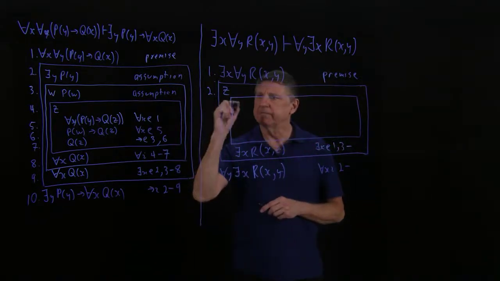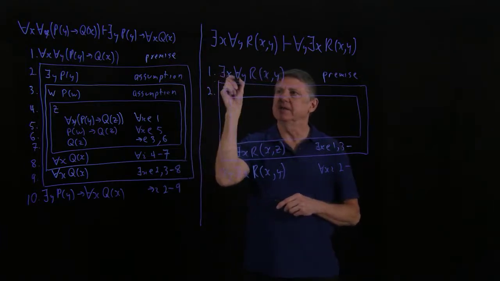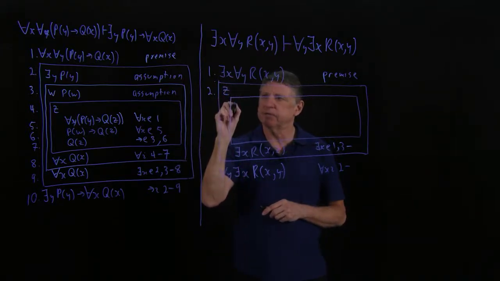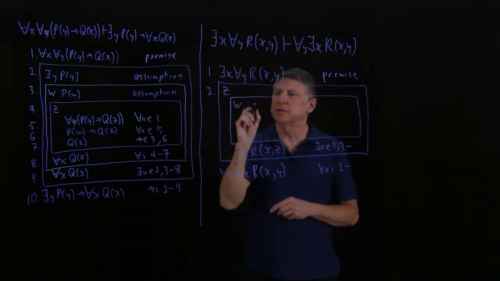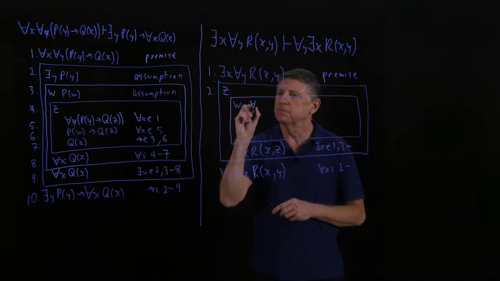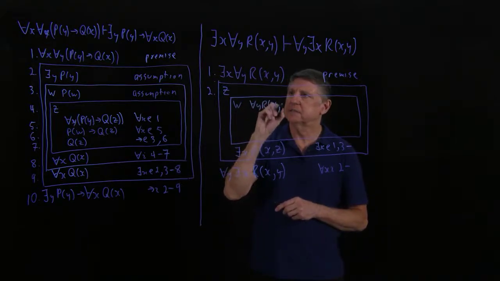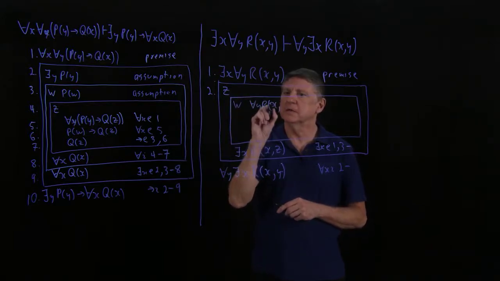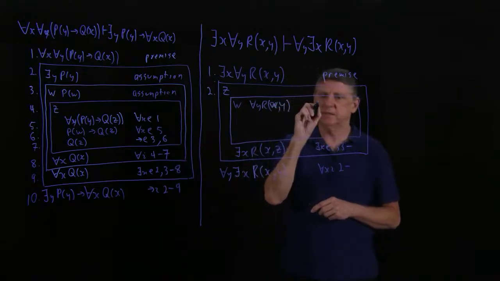And then I fill in the top line of the box, which is the existentially quantified formula with the fresh variable substituted. I said I was going to pick w, and I then do that substitution, and that is for all y r of w, y. So that's an assumption.